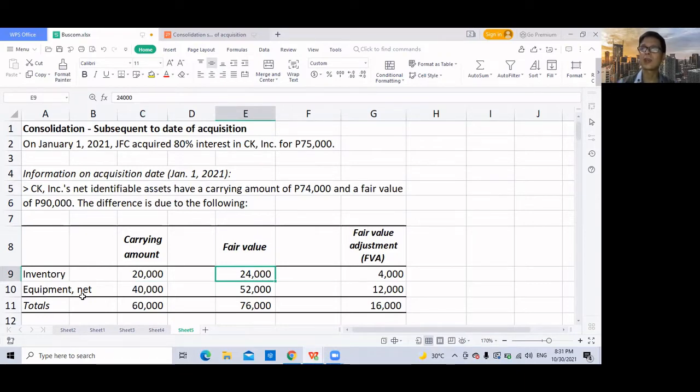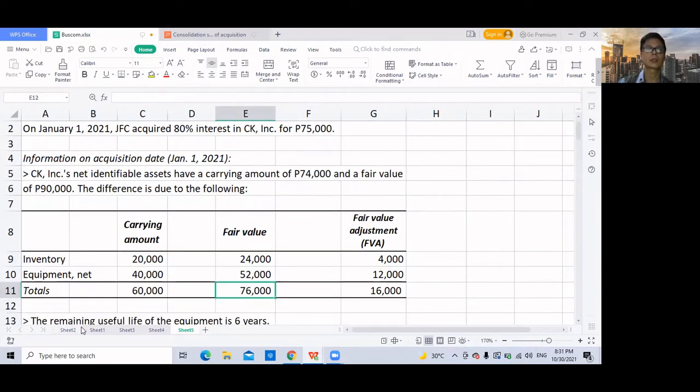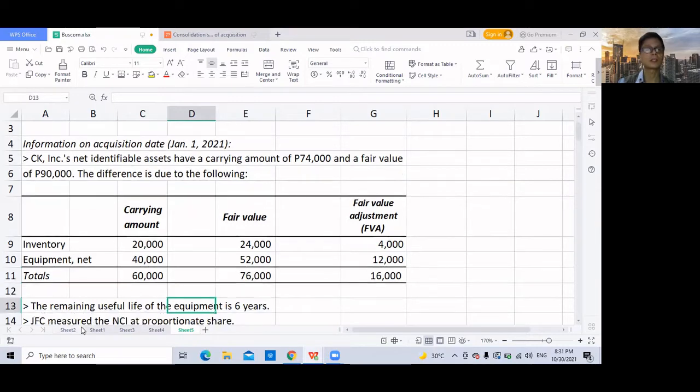We call that FVA or fair value adjustment of yung sa account na yon, particularly dito sa inventory. While we have yung equipment from 40,000 yung carrying amount, which has a fair value of 52,000. Okay, so meron 12,000 adjustment. So for a total of 16,000 adjustment. Yan. So as makita natin dito, 60,000 yung carrying amount of both assets and then yung fair value is 76,000.